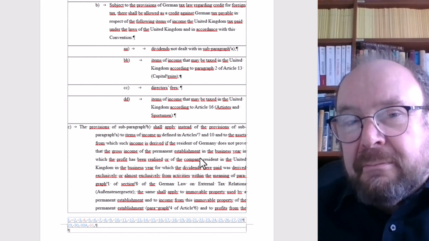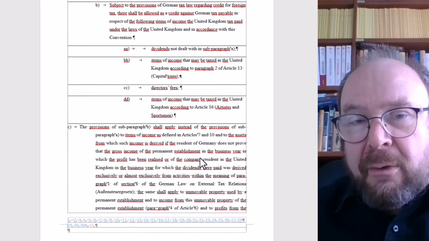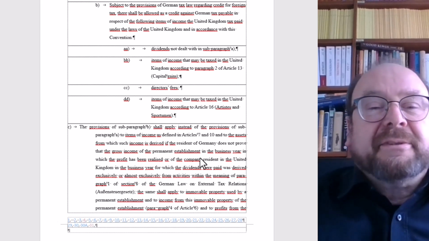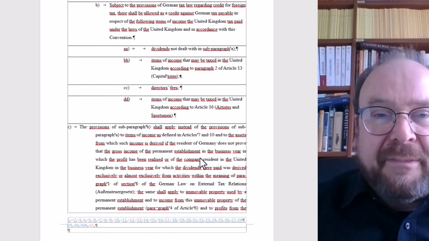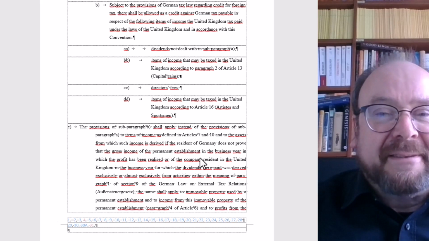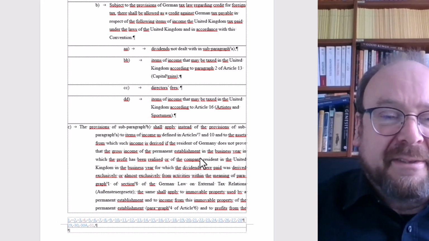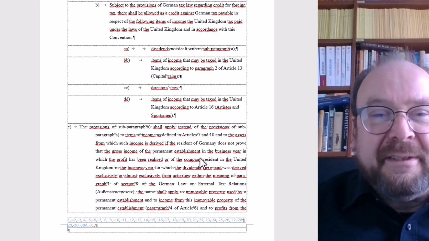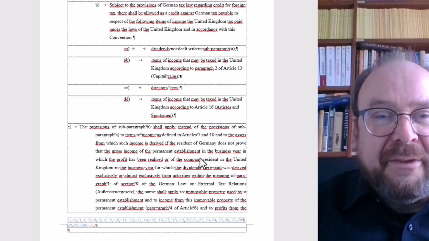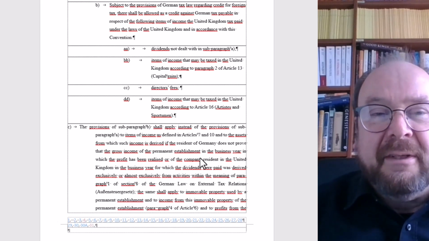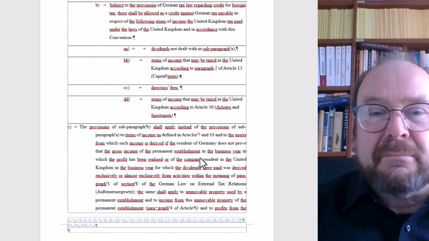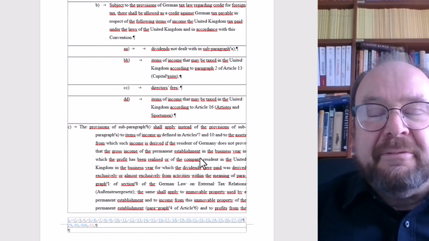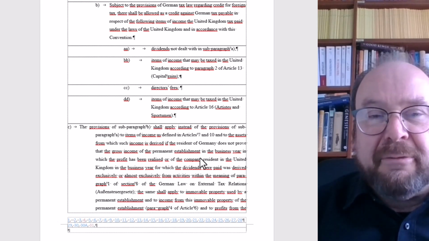So what does that mean? Now it's a so-called activity clause, so that the exemption method for business profits from a permanent establishment is indeed limited to activities from business and not to additional income which is, let's say, arbitrarily shifted into the permanent establishment.